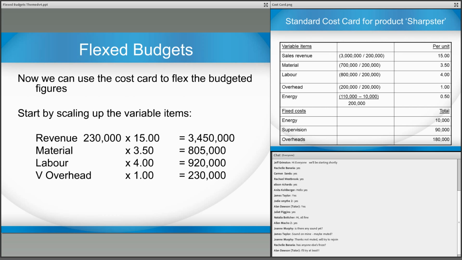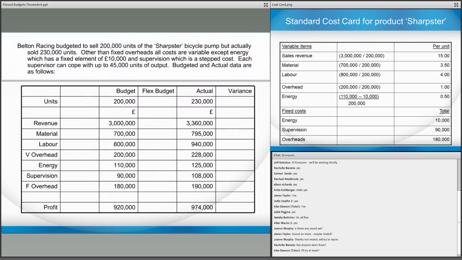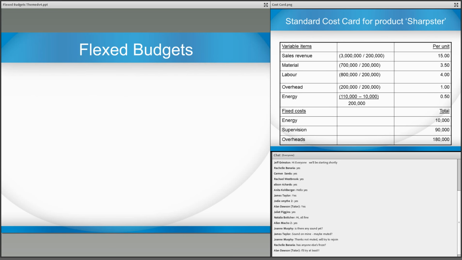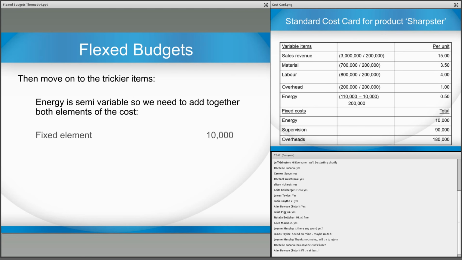So far so good. Let's enter them in. Flexed budget, revenue, material, labour, and the variable overhead. Now we get to energy. Now you recall this is a semi-variable cost, so there are two elements to this.